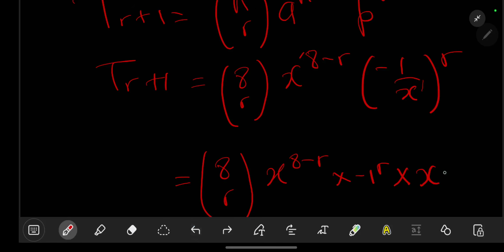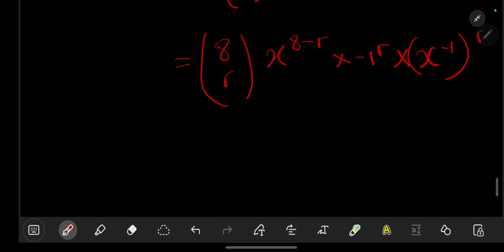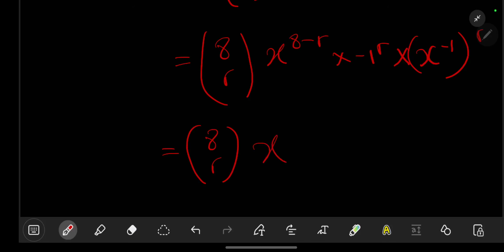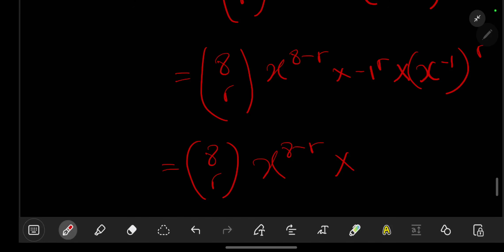Or if you want, you can say negative 1, like that. Then we have our r, like that. So what do we have? We have our 8 combination of r, then we have our x to the power of 8 minus r, then times our negative 1 to the power of r. Then we have our negative 1 times r, it will be equal to x to the power negative r, like that.